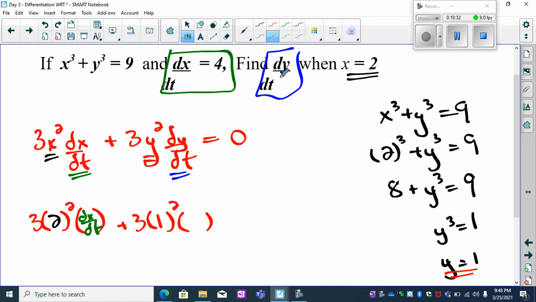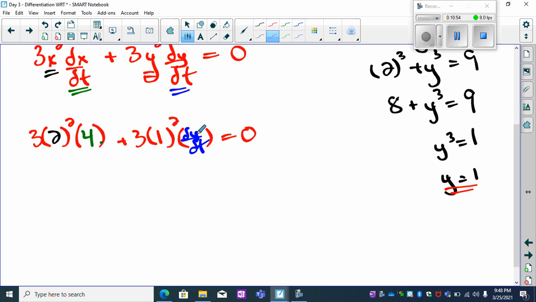And dy over dt, that's the one I'm looking for. So this guy right here is known, it's given. That is 4. So if it all equals 0, we can solve this.